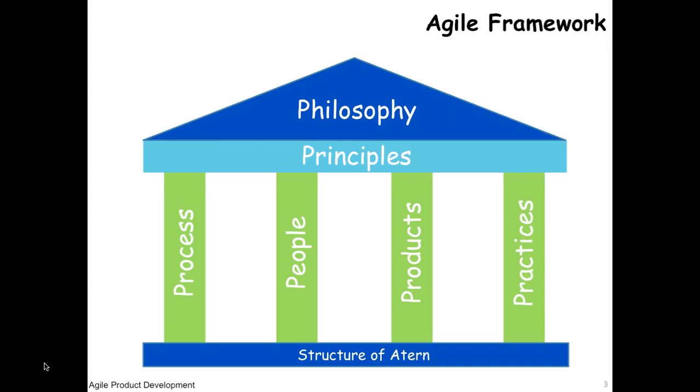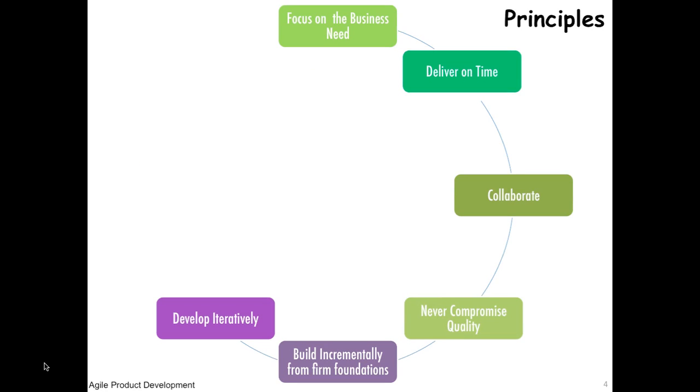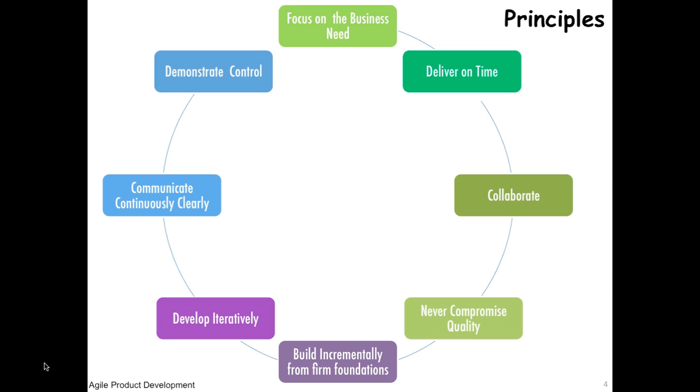Principles are what must be done, processes are when and who, people are the roles that we use, products are the artifacts, and practices are the know-how. There are 8 principles, and each principle brings specific value. All principles must be followed. Principles lay the foundation based on which we build agility.